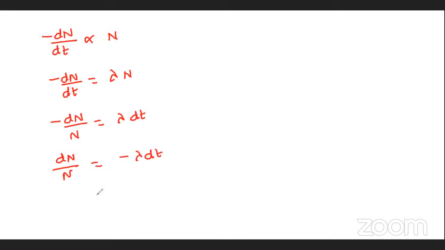In order to find the number of nucleons remaining in the radioactive nuclei after a time t, at a time t తర్వాత ఎన్ని నెంబర్ ఆఫ్ nucleons ఉన్నాయో కావాలి. So we are integrating it. At time t equal to 0, we have the number of nucleons as N0.